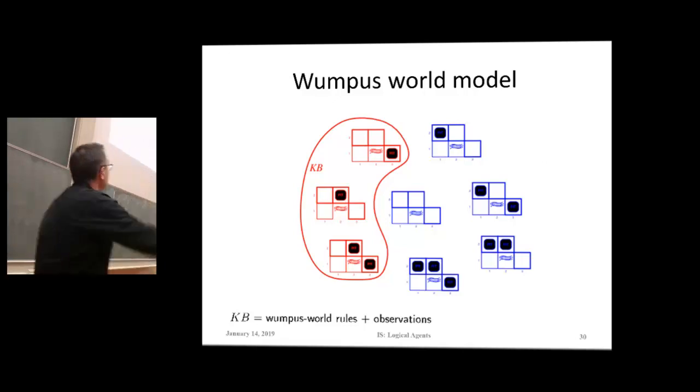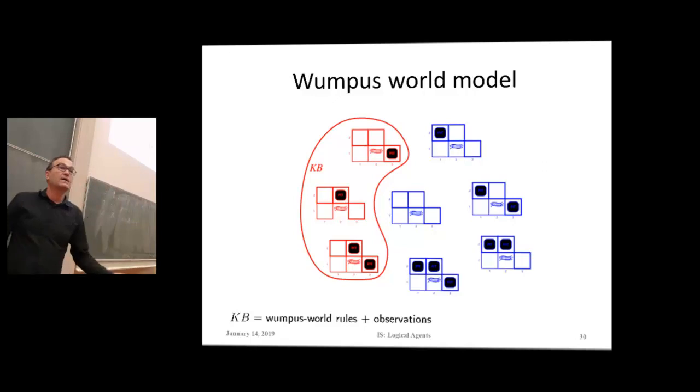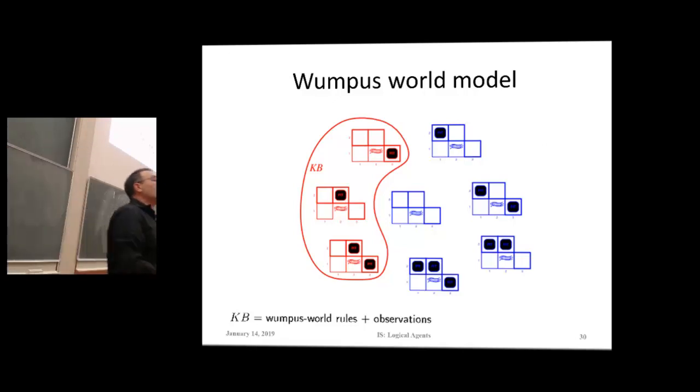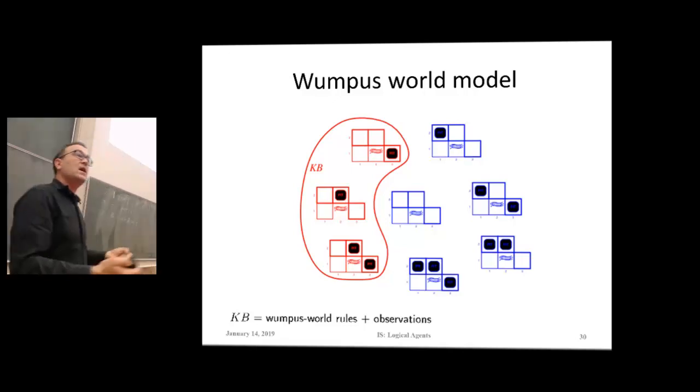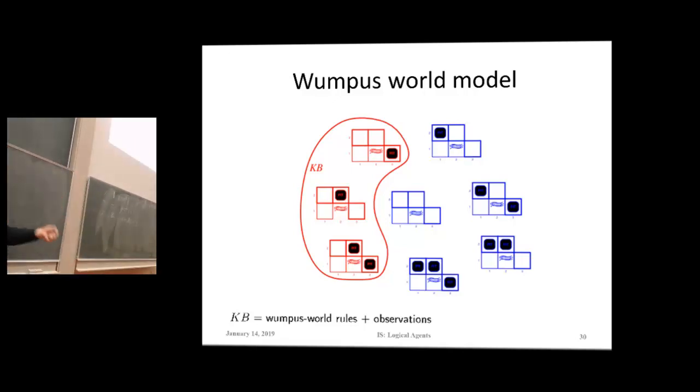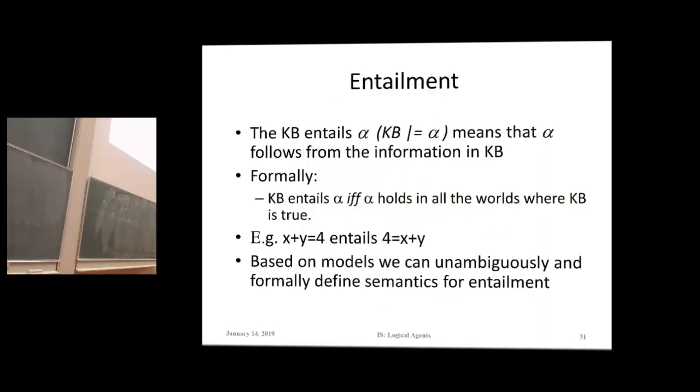And only those 3, the red ones, are possible situations. Now we can look at all those possible situations and find whether there are common patterns, the things that are true in all those 3 models. These are the things that follow from our knowledge base logically according to the semantics of the model theory.